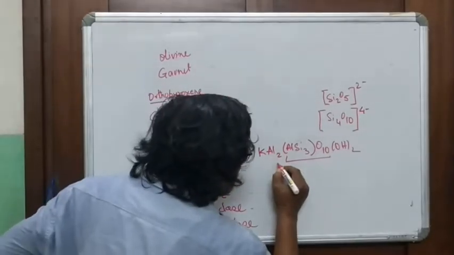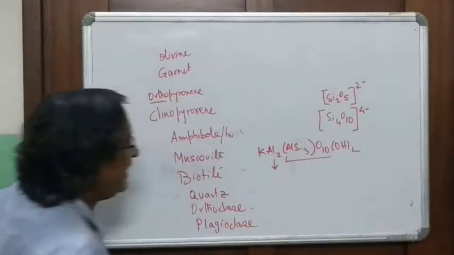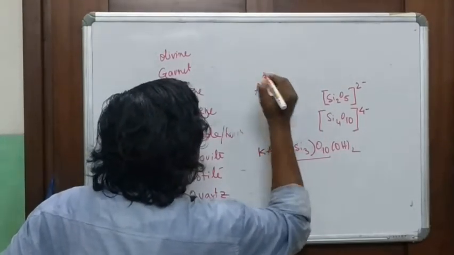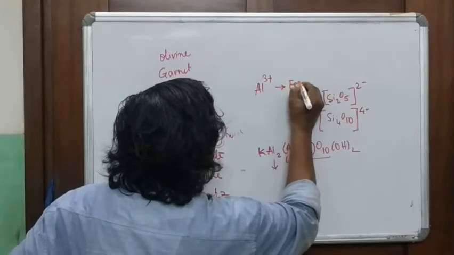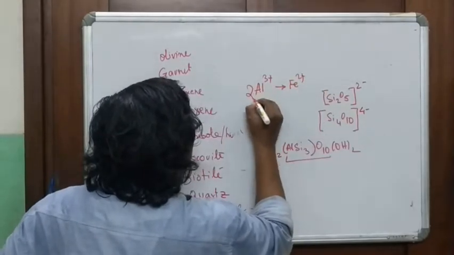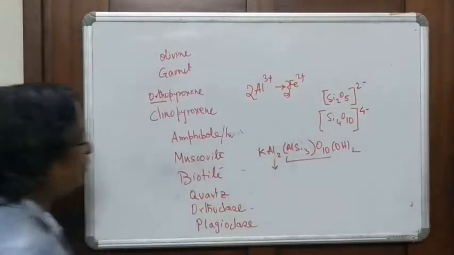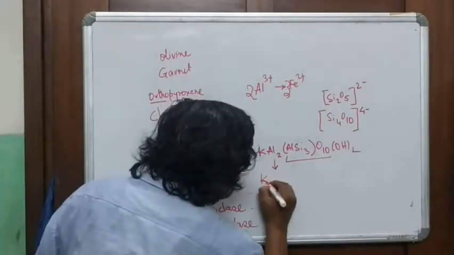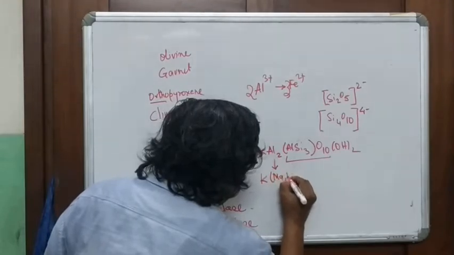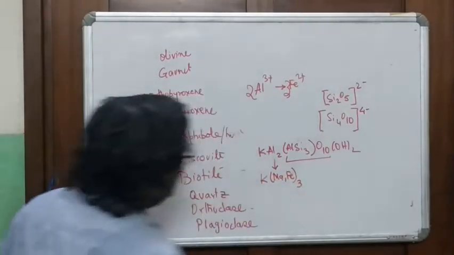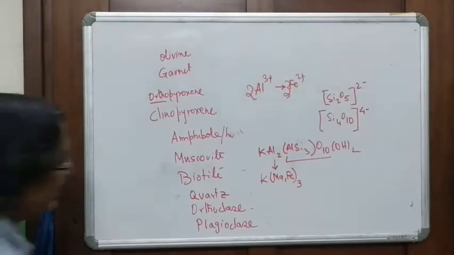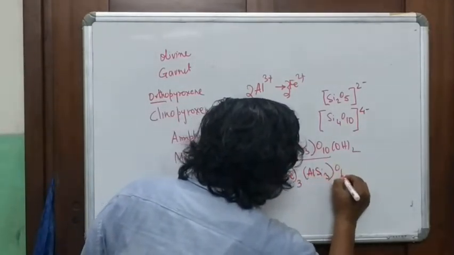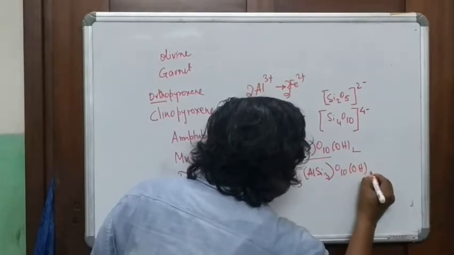And if you replace Al3+ by divalent iron or magnesium, then 2 Al3+ will become 3 divalent ions. So if you replace aluminium by magnesium and iron, then it should be 3, and then you have AlSi3 O10 (OH) whole twice.